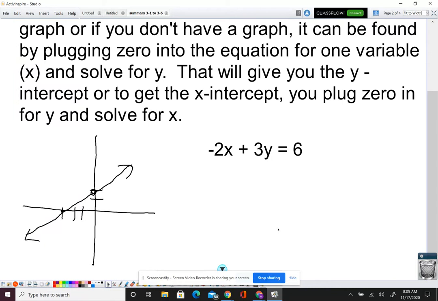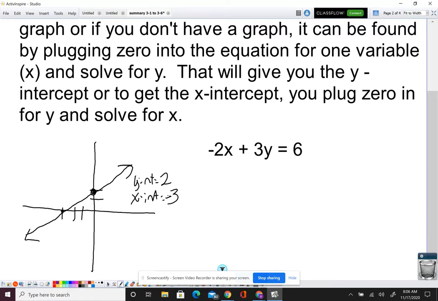So in this case, the y-intercept, because we're looking at the place where the graph crosses the y-axis, the y-intercept is at 2, and the x-intercept is where it crosses the x-axis, and that's -3. So from the graph, we're just doing it visually, where they actually cross. From the equation, we're plugging 0 in for the variable.